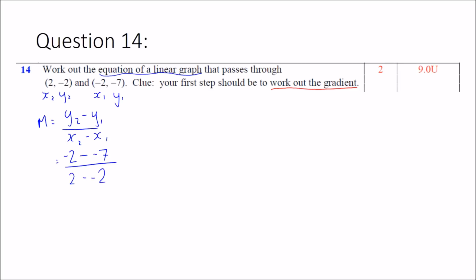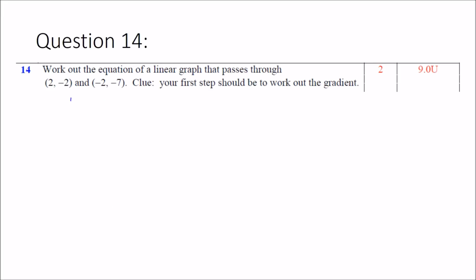Now we've got a lot of negative directed numbers going on in here, and remember that minus minus becomes a plus. So this simplifies to -2 plus 7 and 2 plus 2. And so what we get is -2 plus 7 is 5, and 2 plus 2 is 4. So we've got a gradient of 5 over 4.